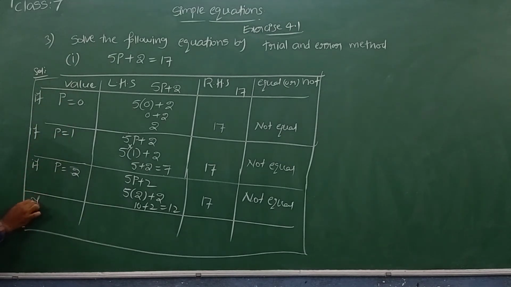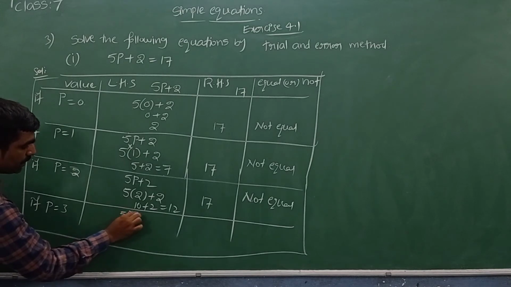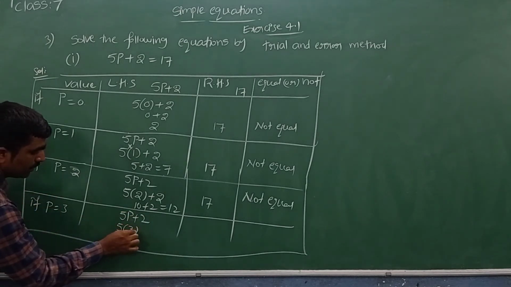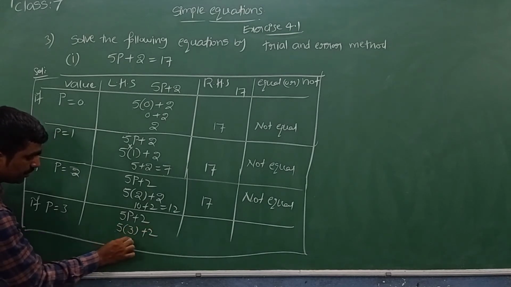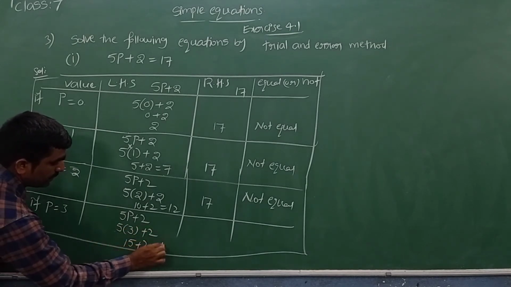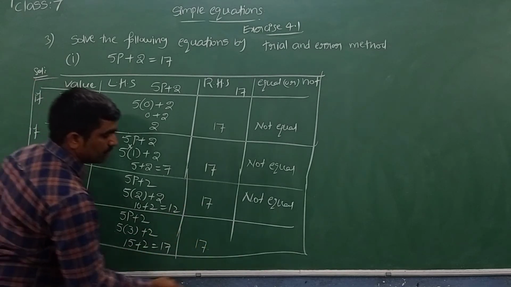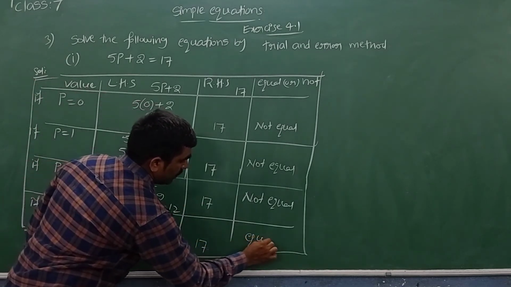Next, what? If p is equal to 3. Let us substitute here. 5p plus 2, in the place of p write 3: 5 in bracket 3 plus 2. 5 threes are 15 plus 2, 17. LHS is 17. RHS is also 17. So what can we write now? Both are equal.